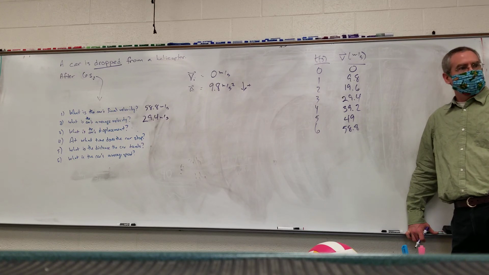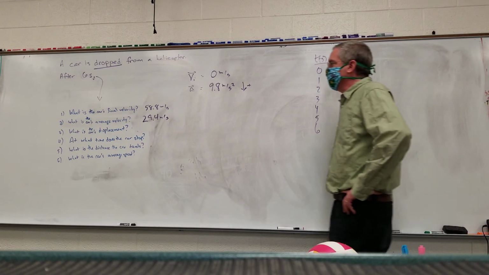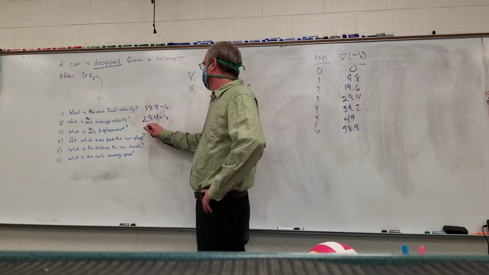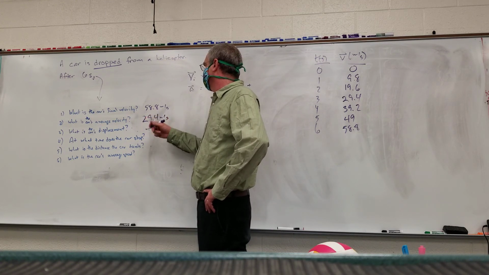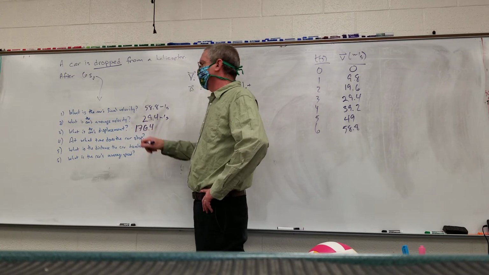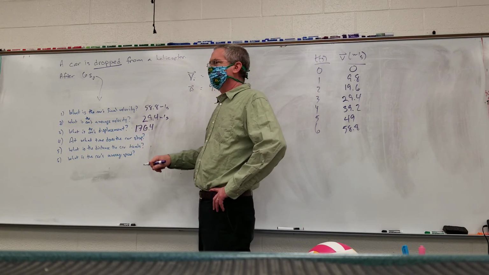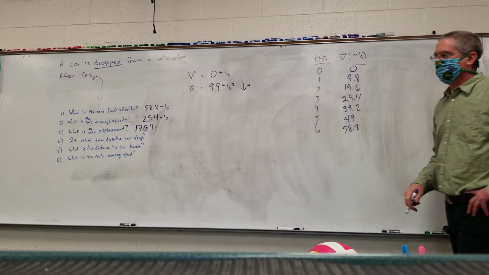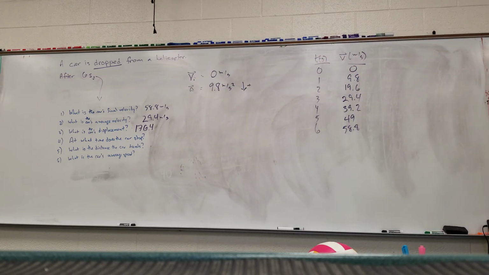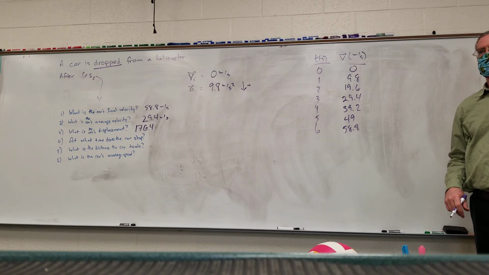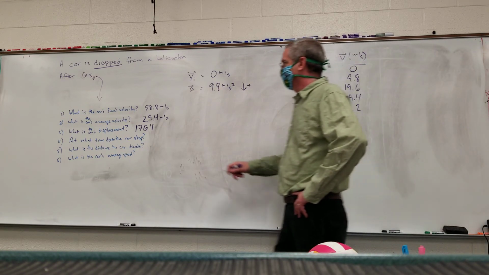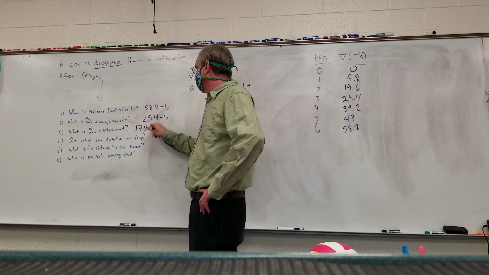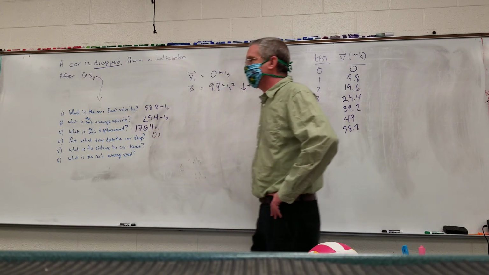Average velocity times time. Yes. So 29.4 times 6. What, 176.4? I think I saw a nod. What time is the car stopped? At 0. Yeah. Oh, that's meters right there. The distance the car travels.